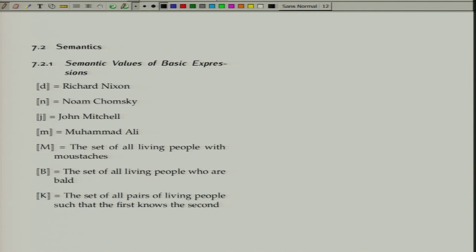Now, we go to the semantics of L0. We have seen that L0 has these basic expressions.